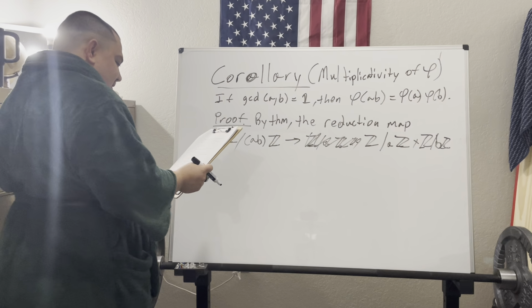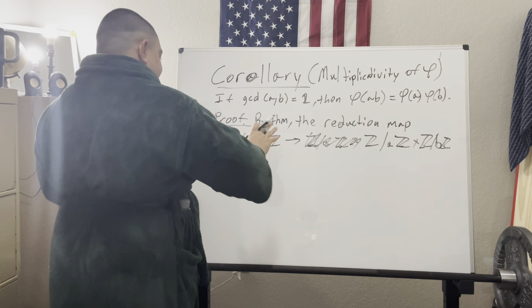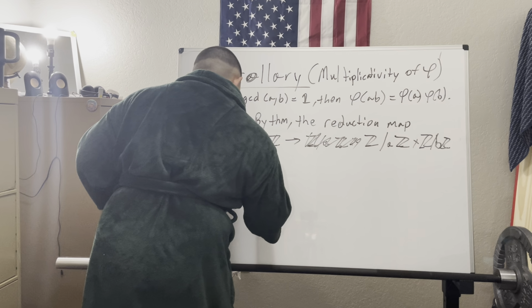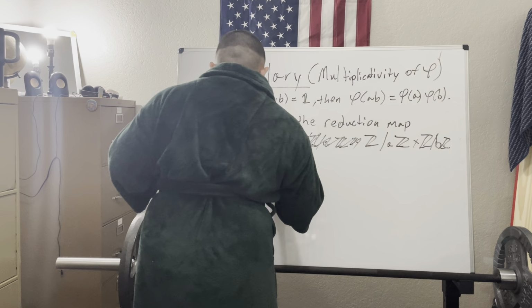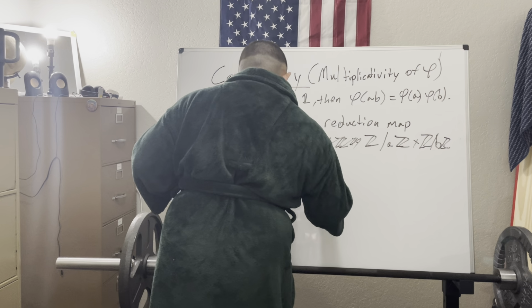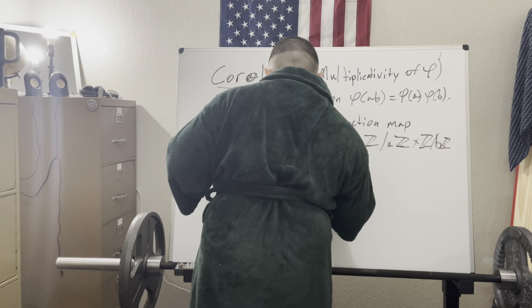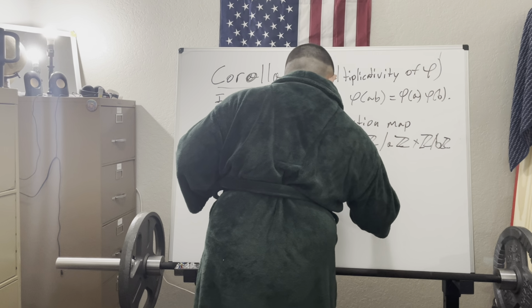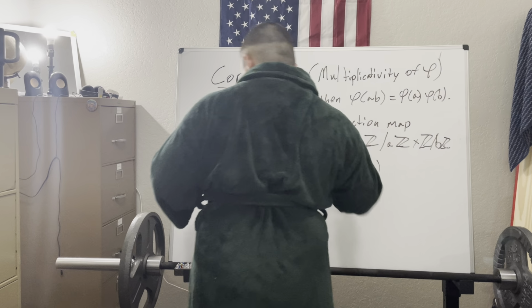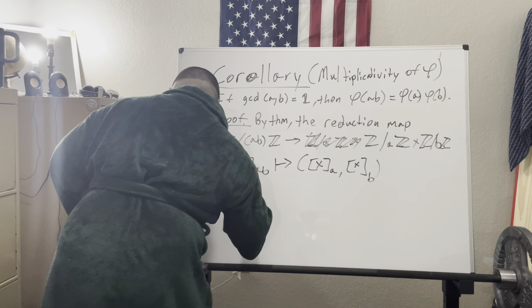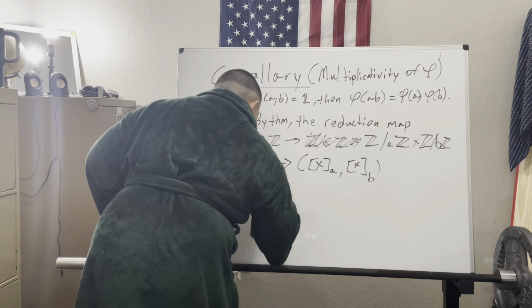The reduction map, the equivalence class X sub AB to the ordered pairs of equivalence classes, roughly speaking, is a bijection of rings.